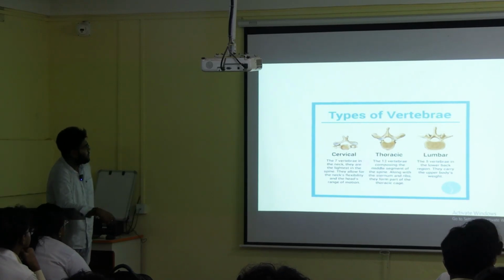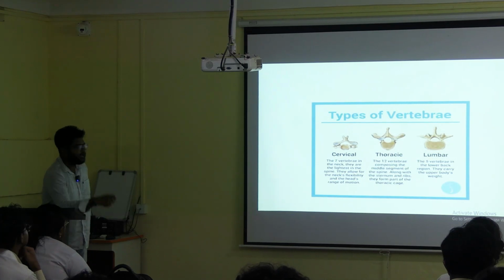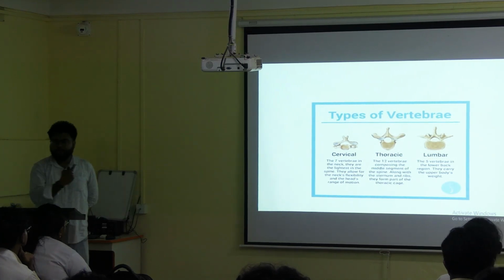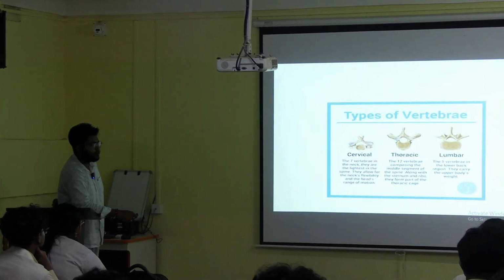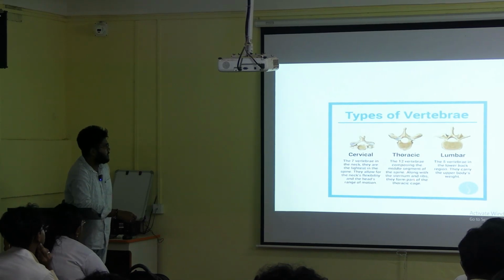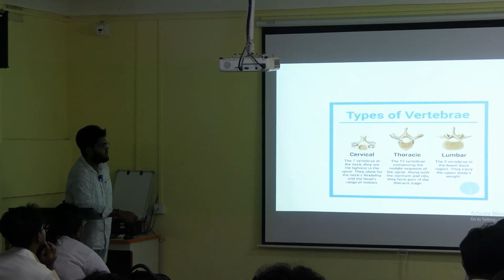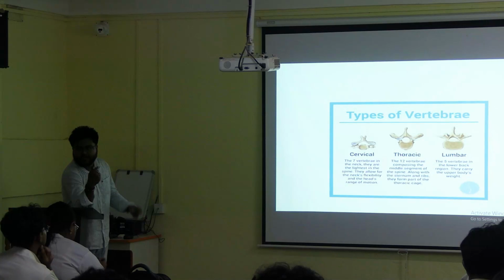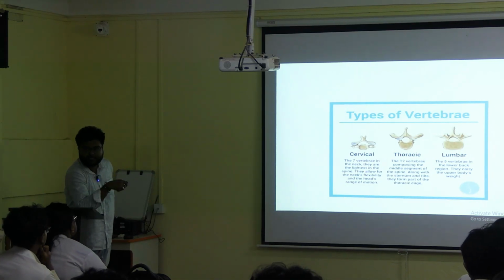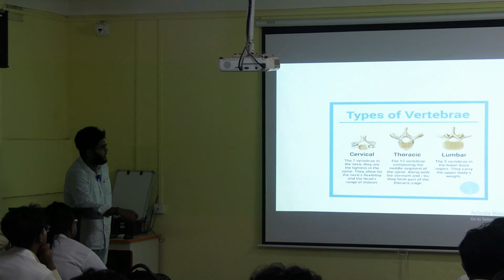Okay, so what is the main function of the cervical vertebra? They allow neck flexibility and head movement. This function is also important. Next the thoracic. What structure is present in the thoracic? 12 pairs of ribs are attached to the thoracic vertebra, and the sternum and ribs are attached too.